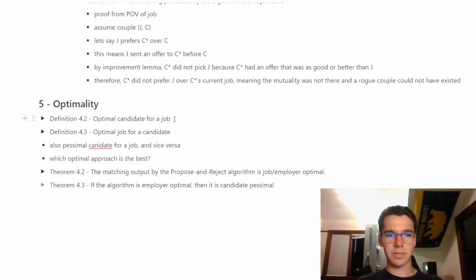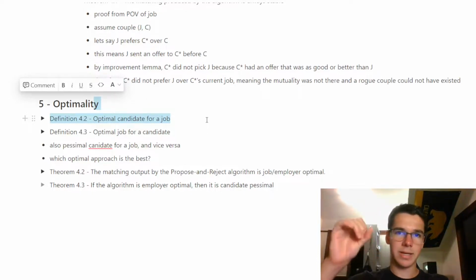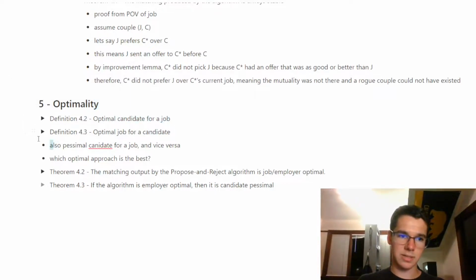Essentially, once we've run the algorithm, it's possible that there are multiple stable matches. If we want an optimal candidate for a job, then we'd simply pick the stable match that has, for each job, the highest ranked candidate that it could possibly have in order for it to be a stable match. And this is essentially the opposite of it.